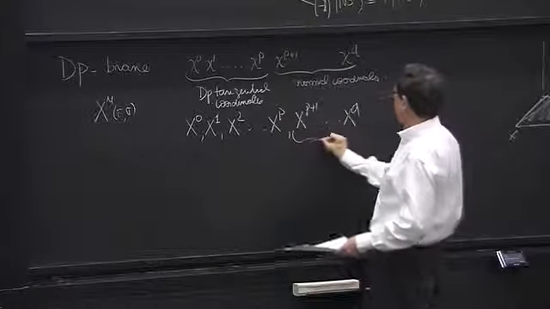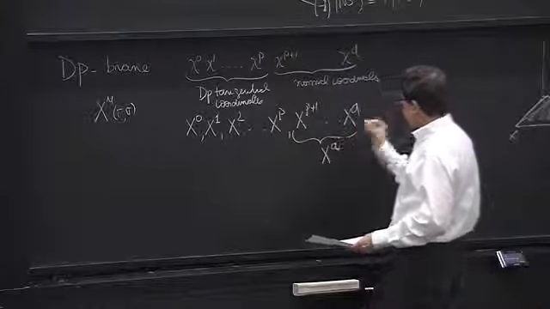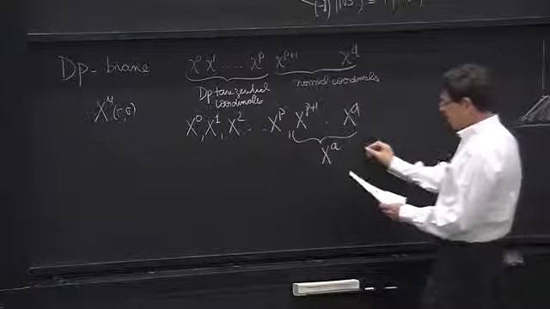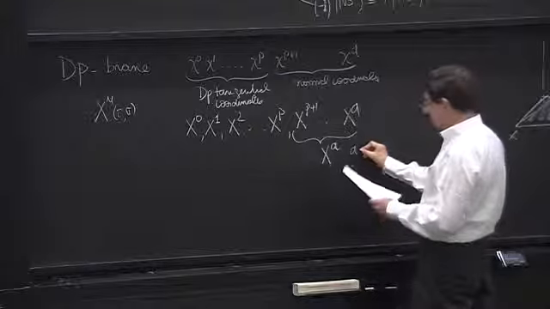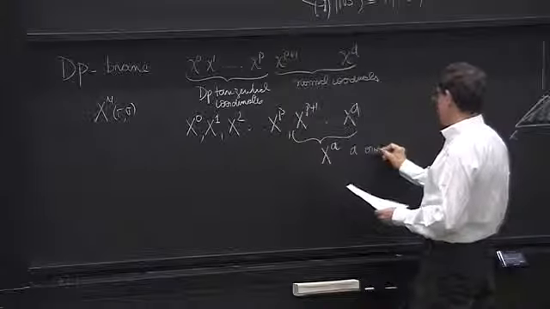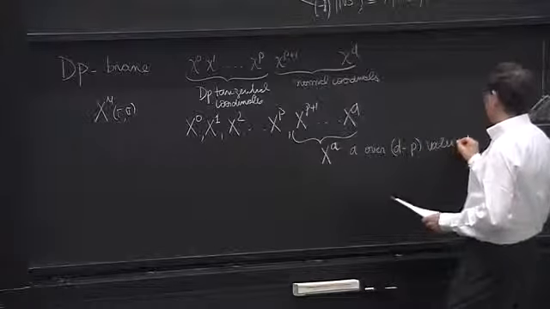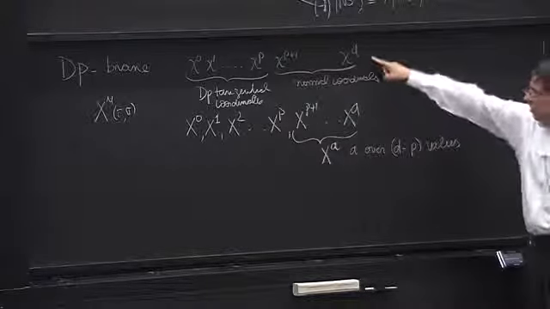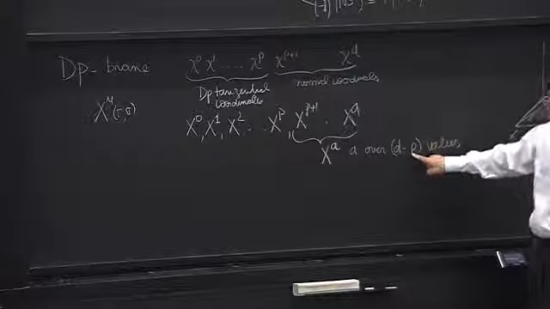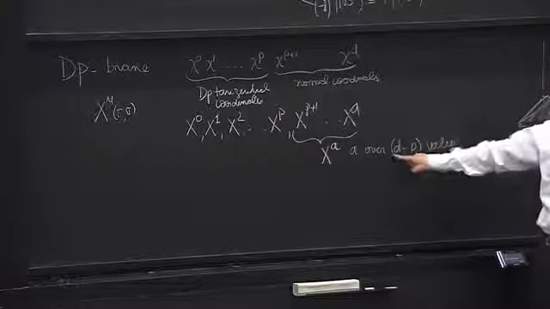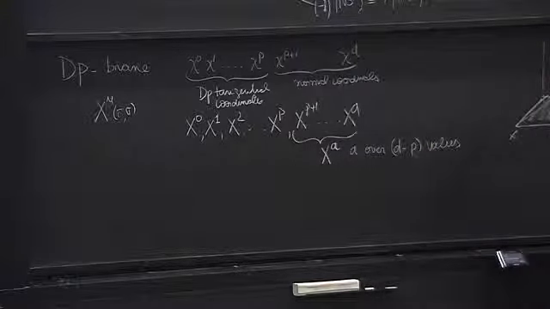And we'll call these ones x^a, with a running over d minus p values. You see, there are a total of d spatial dimensions. There are p spatial dimensions taken by the brane, so there are d minus p spatial dimensions normal to the brane.